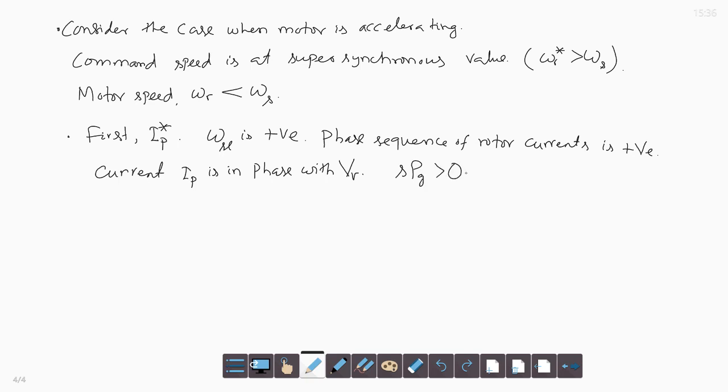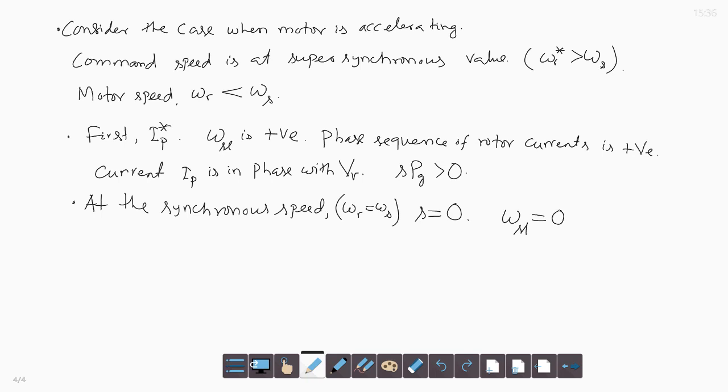Then at the synchronous speed of the rotor, that means omega r equals omega s, slip is 0. So, rotor EMF has frequency omega SL which is 0, that means rotor current is DC, and slip angle theta SL is also 0. So, rotor IP is direct current.